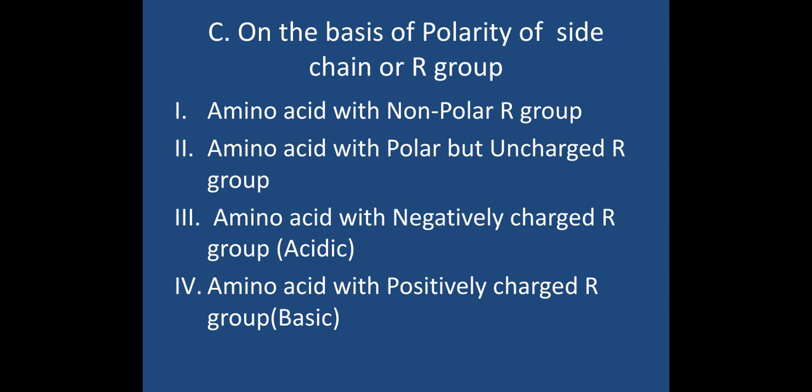Now, on the basis of the polarity of the side chain, we can also classify the amino acids. This is the third way of classification of amino acids. Some amino acids are non-polar, amino acids with polar uncharged R group, amino acids with negatively charged R group, and the fourth category is amino acids with positively charged R group.